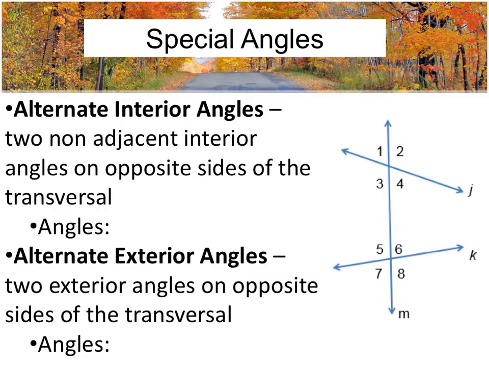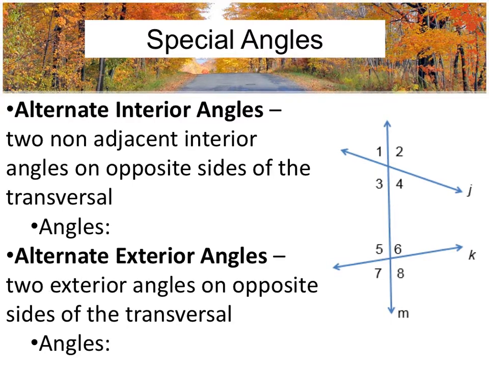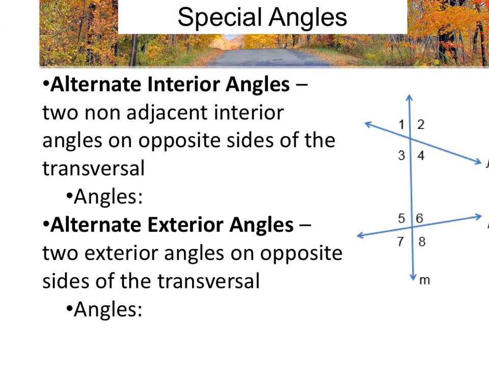So the first 2 special angle pairs that we have are called alternate interior angles and alternate exterior angles. So this is why it was important that we understood where the interior angles were and where the exterior angles were. For a pair of angles to be alternate interior, they cannot be adjacent.